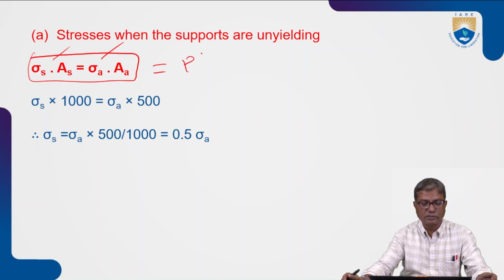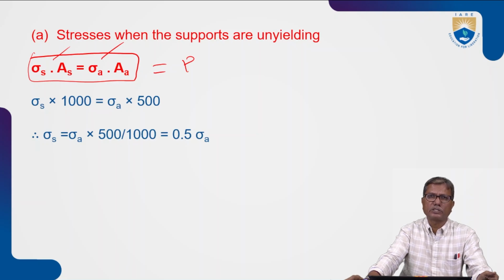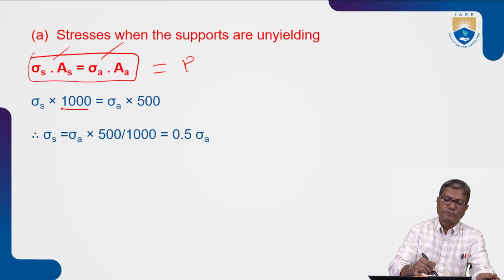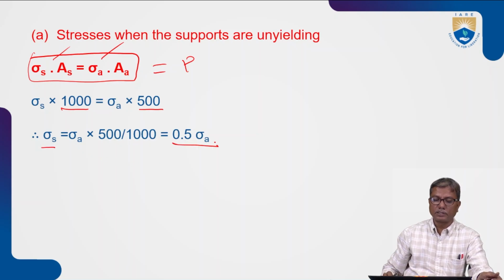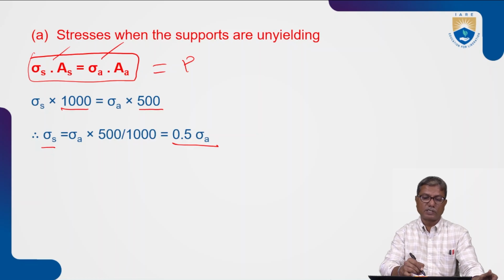Sigma s into A s is equal to sigma a into A a, that is area of aluminum bar, which is given. So sigma s in terms of sigma a is 0.5 sigma a. This is one relation we have.